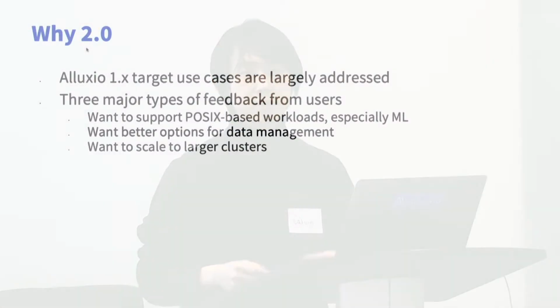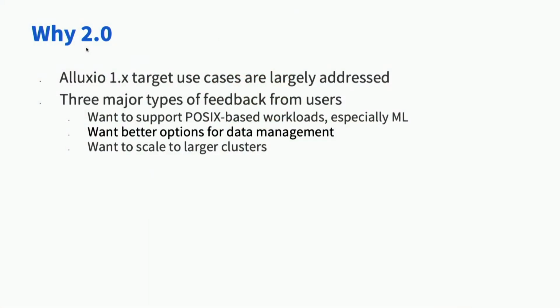A lot of the users and people we've talked to have been saying, Alluxio has been really helpful for us, but we wish it could do this, or we wish it could do that. All of those things started to fall outside of what we originally targeted for Alluxio 1. These things fell into 3 different categories mainly.